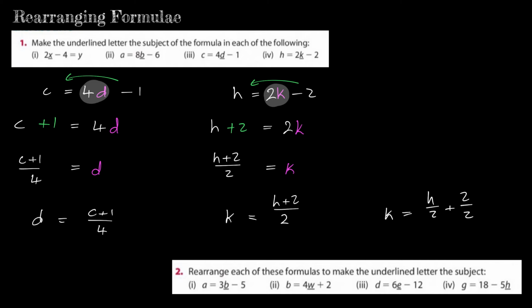Or you could write that answer as K is equal to H over 2 plus 1, because 2 over 2 is the same as 1. So you can break that fraction up into 2 parts like this, and you can simplify the second fraction there because 2 divided by 2 gives you 1. So all 3 of these answers would be correct, but typically on the state exams, they don't give you an answer that can be simplified. Typically the answer that you get won't be one that can be simplified, okay? But just to be aware of that.